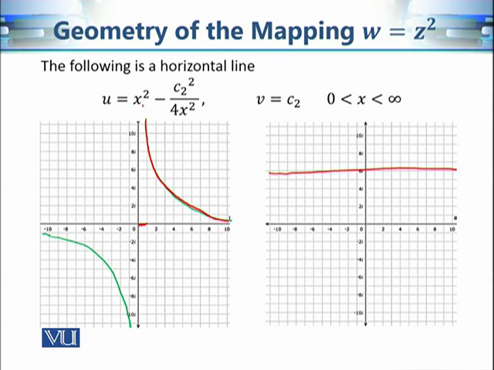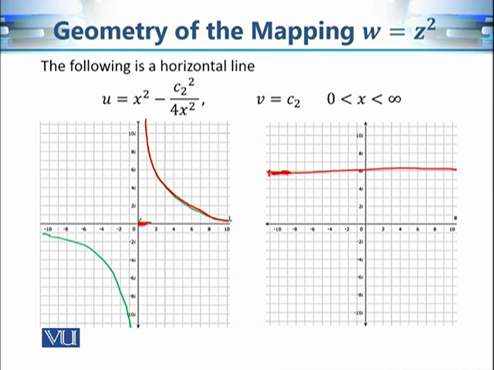If x is small, then this number is very, very small, and since this x square is in the denominator, this number becomes a very large number with a negative sign. So that's why this u is a very, very large negative number. So when we get very, very close to the origin, then we will be very far away from the origin, but on the negative side.